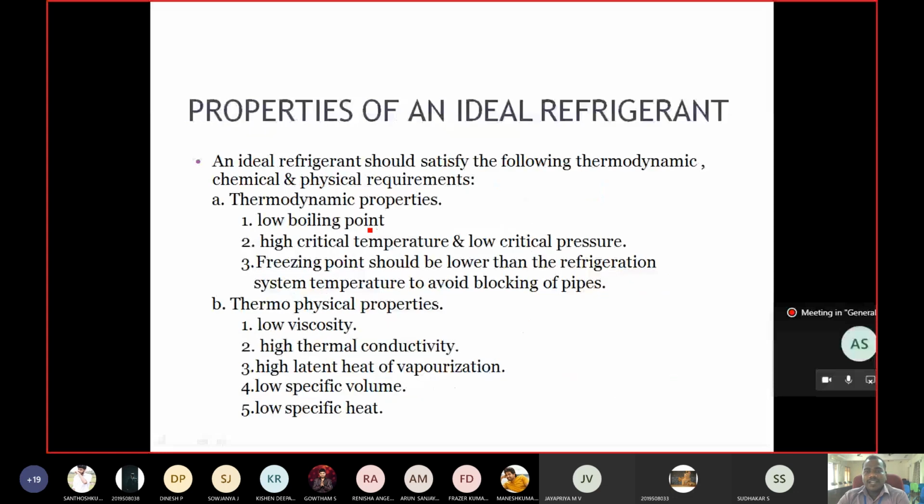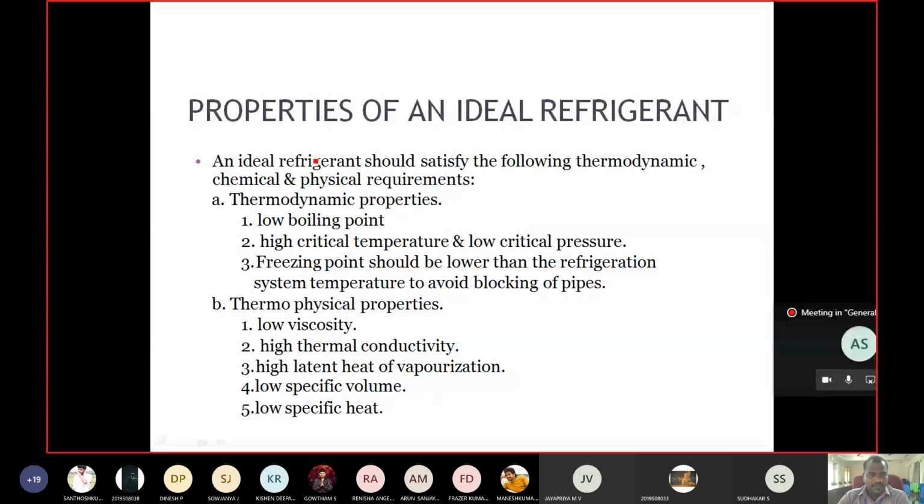Then the properties of an ideal refrigerant are to be studied. An ideal refrigerant should satisfy the following thermodynamic, chemical, and physical requirements. Each and every refrigerant should satisfy these requirements. In thermodynamic properties, the refrigerant should have a low boiling point. It should have a high critical temperature and low critical pressure.